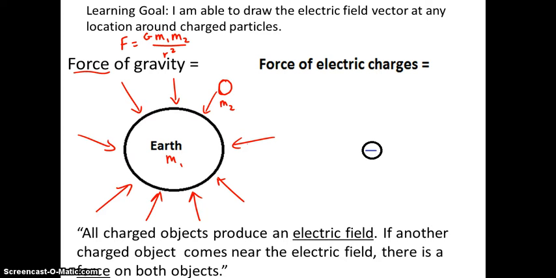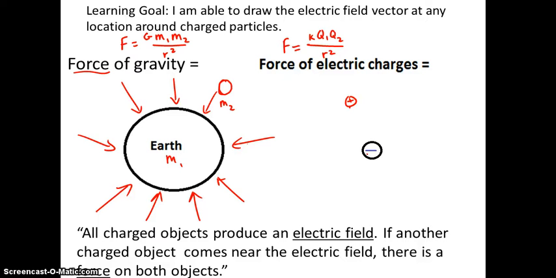We've learned in this course so far that if I have a positive charge and a negative charge, those two will exert a force on each other. Coulomb's law says the size of that force depends on the size of the two charges, how much charge each has, and the distance between them.